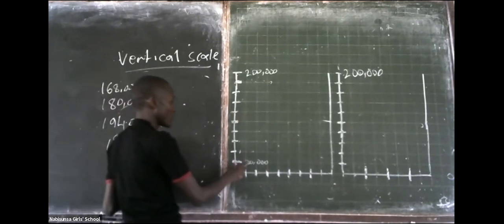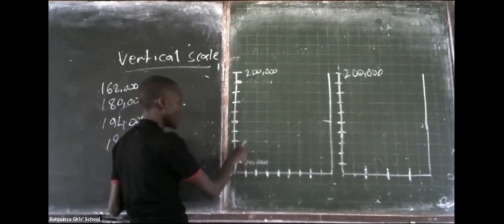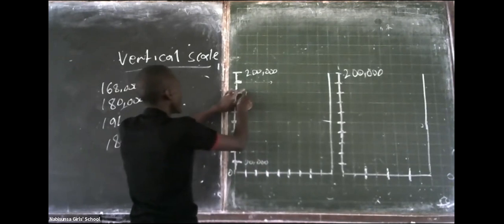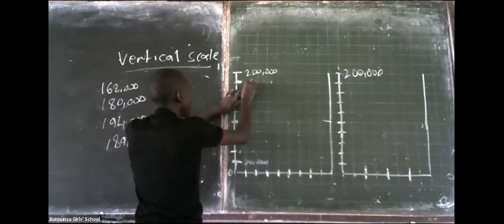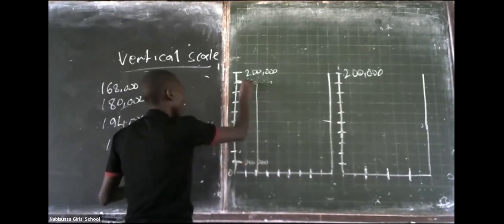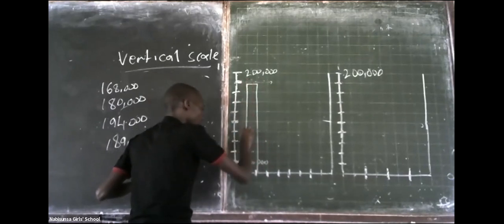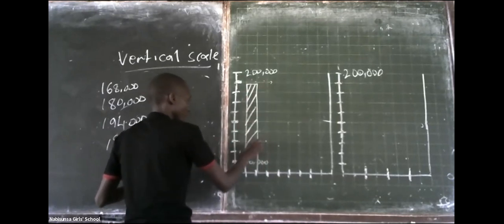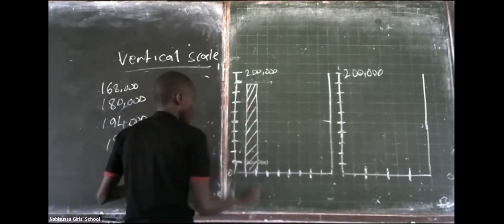So here I'm going to have 40, 60, 80, 100, 120, 140, 160. So it's going to be somewhere here when I'm plotting. I'm going to give you the easiest method. Don't use mine. Mine is kind of for senior people.